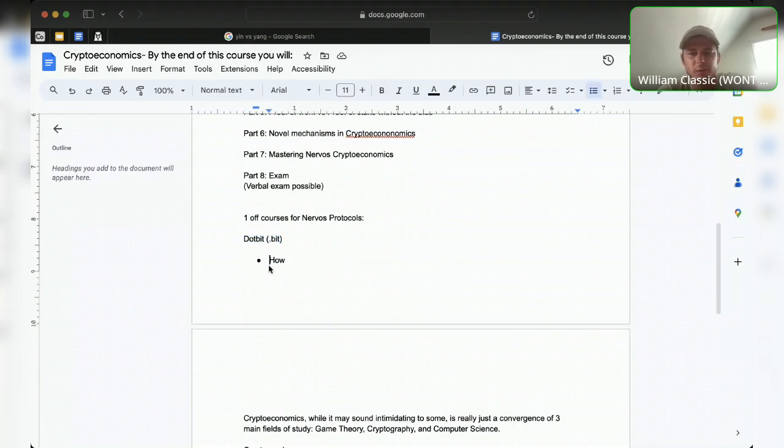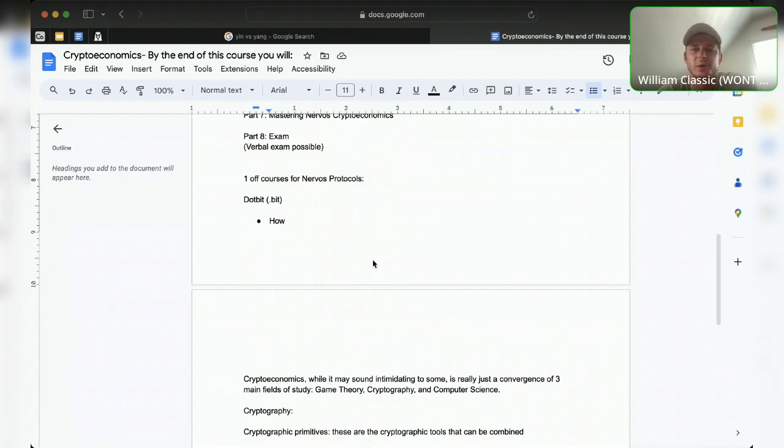And this is what's going to scale over time, is that we're starting with Nervos because they are the ones funding this. So I think they deserve first mover advantage on these extra courses, these one-off courses that you can take to gain extra certifications.